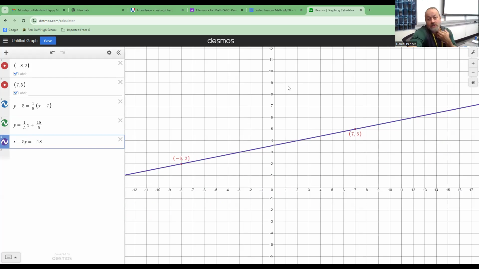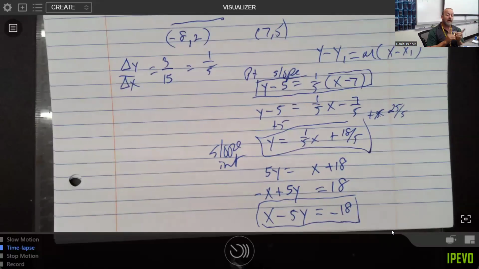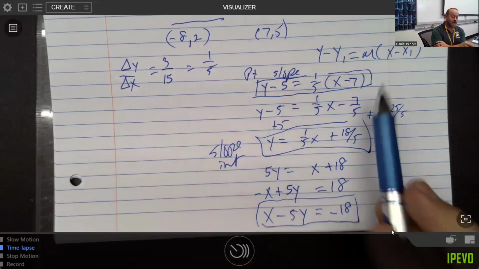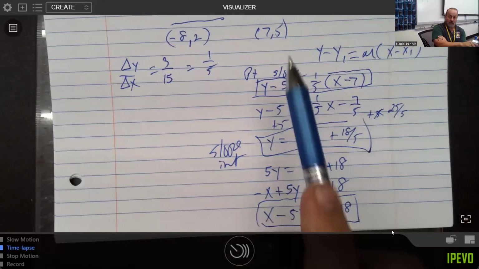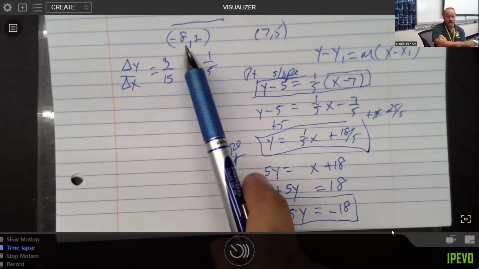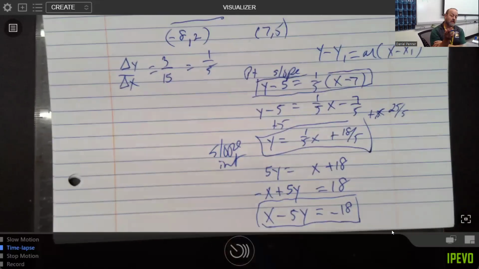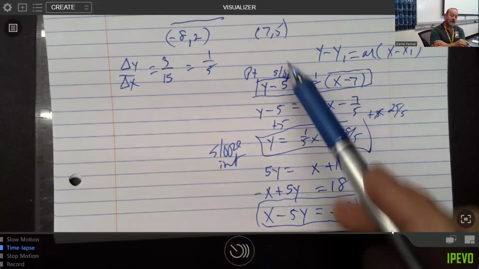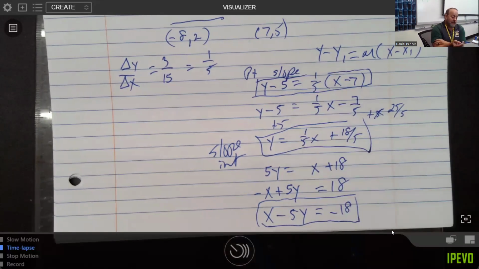Now the thing is you don't necessarily have Desmos when you're taking a test. So one last little thing, and it has to do with the fact that we've done a fair bit of work. All of this information that I did was predicated on using the point 7, 5, and I didn't really use the -8, 2 other than finding the slope. So what I would encourage you to do is plug this last thing in and see what happens.